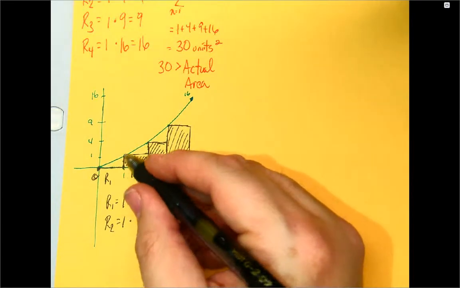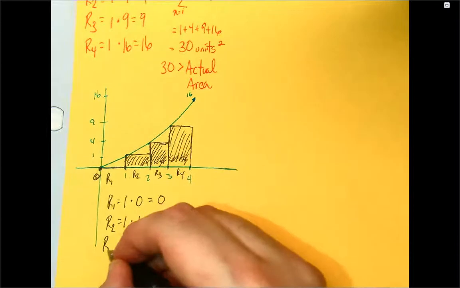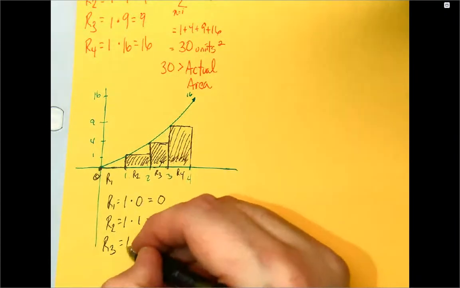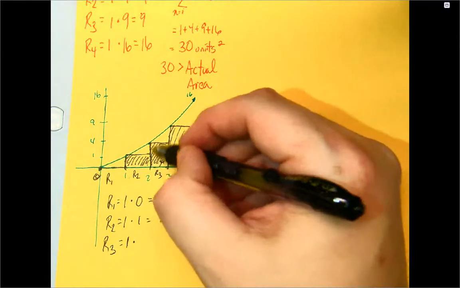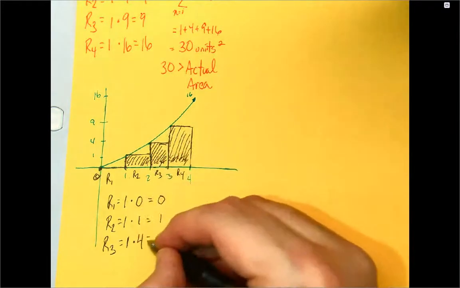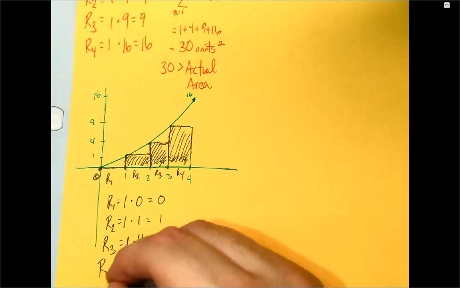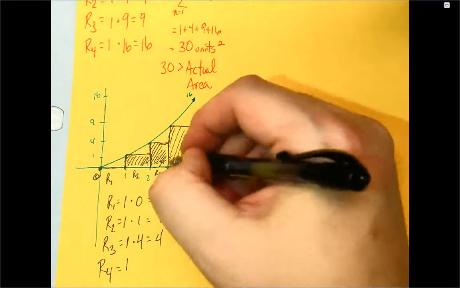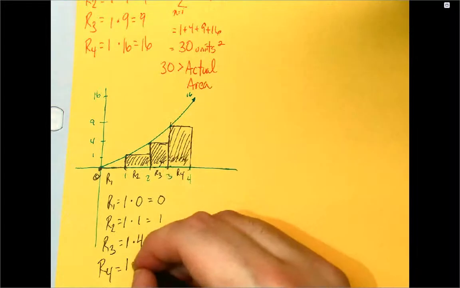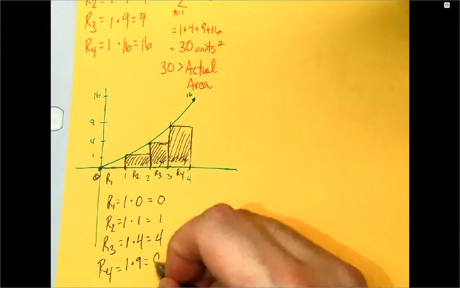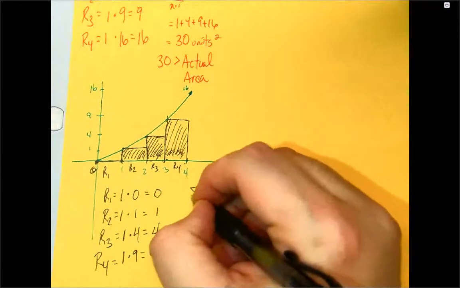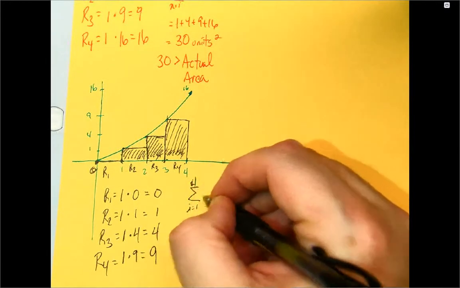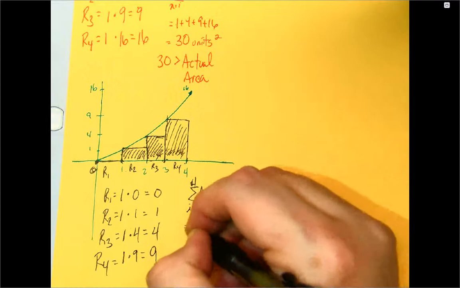R3, what's the width? What's the height? 4. And R4, what's the width? And what's the height? So I get a 9. So if I add up these, 0 plus 1 plus 4 plus 9, that's 14.